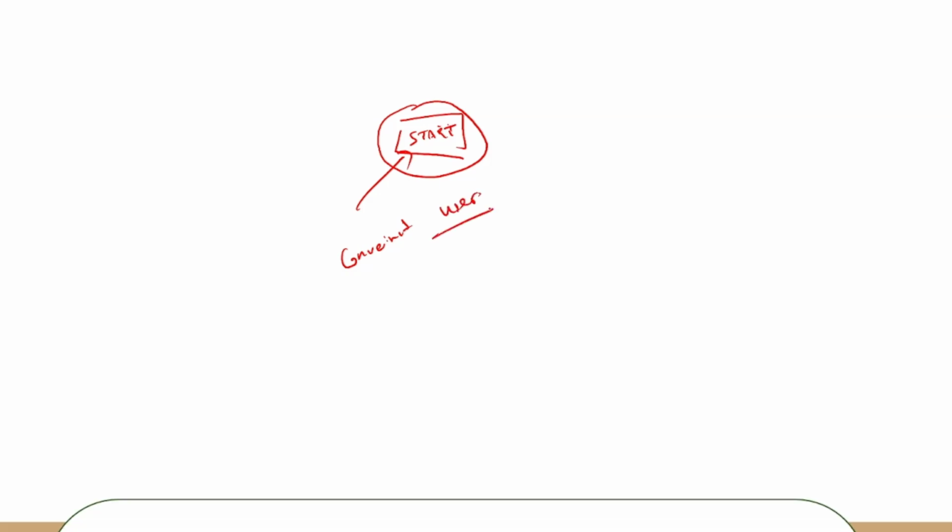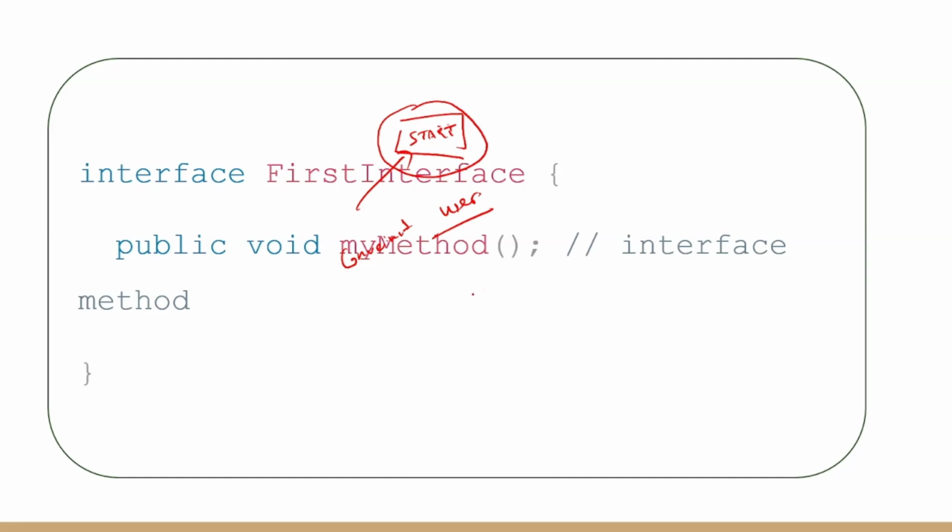It doesn't matter whether it's a battery vehicle, an IC engine or a hydrogen vehicle, it should do the same thing. It is convenience to the user, so for that reason we use interfaces. We just create an interface and give the method.